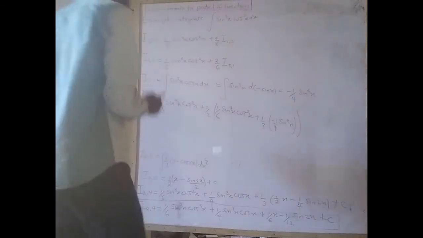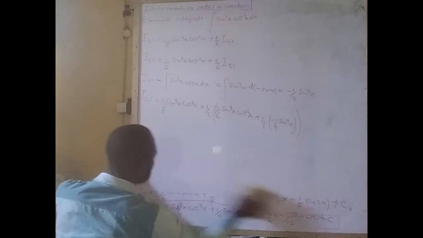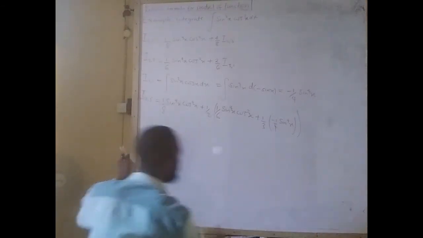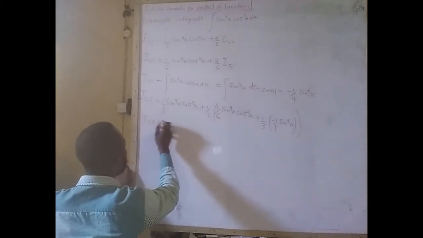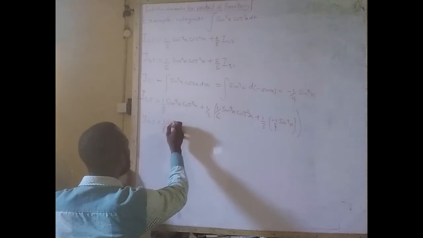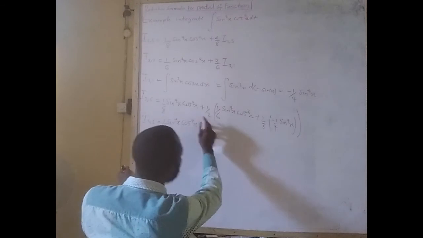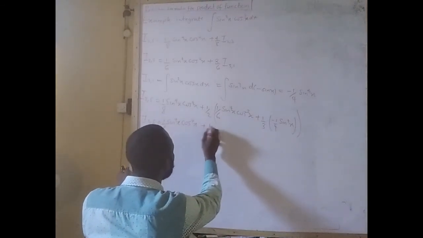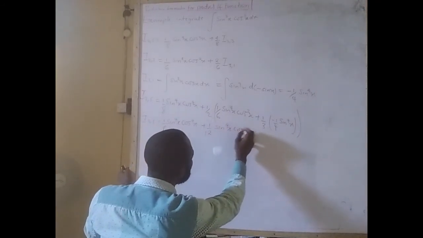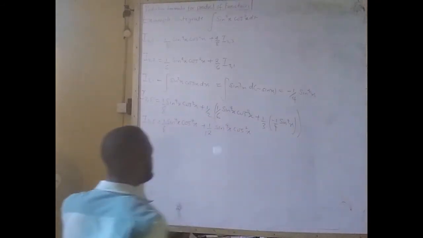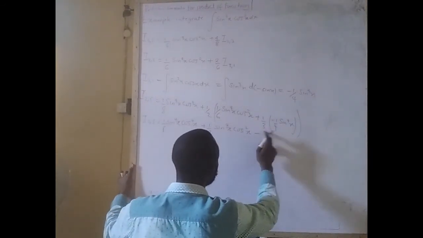Now, if I simplify further, I will see that my I 3 comma 5 will just be 1 over 8 sine 4x cos 4x plus, I want to open the bracket, plus 1 over 12 sine power 4x cos square x minus, because plus or times minus is minus, I have 3 times 4 times 2.